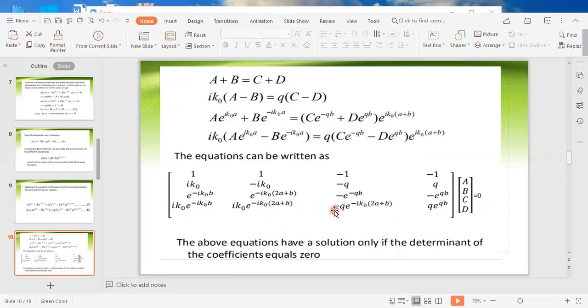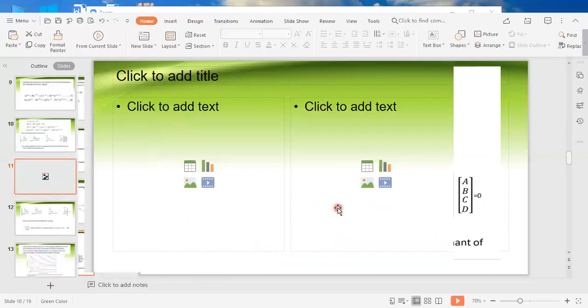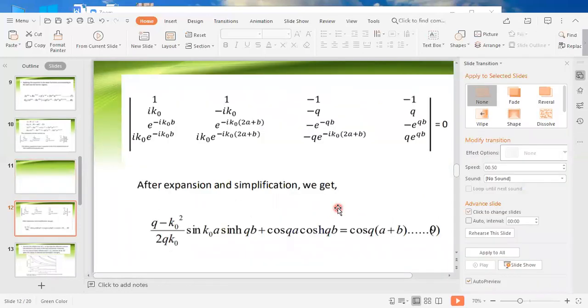So, after expansion of the determinant and after simplifying it, we get the determinant in terms of an equation, which is equation number 9. Here q and k naught are wave vectors. a is the thickness of the well and b is the thickness of the barrier.